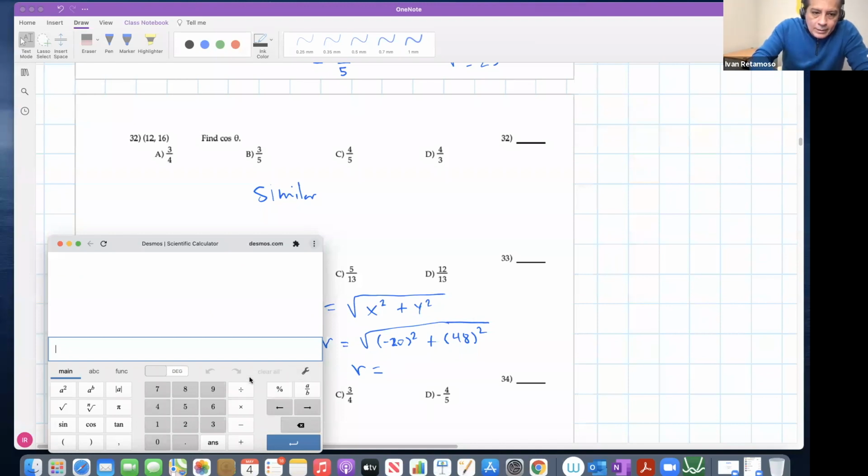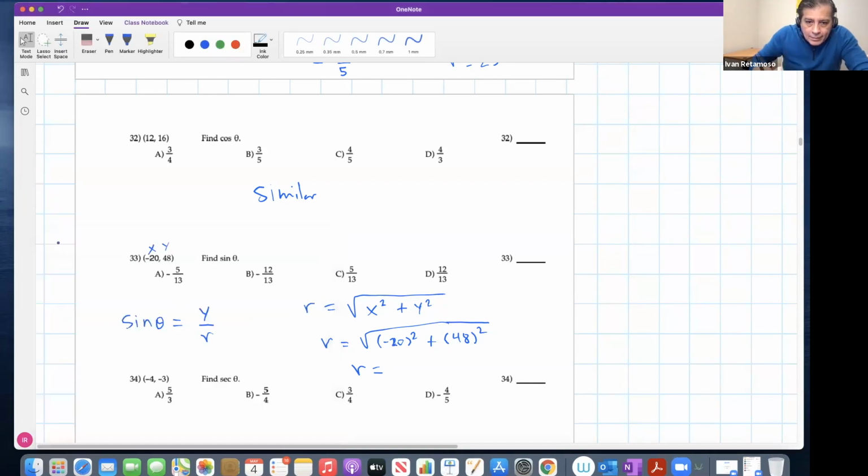A square root is here. Then you type negative 20 squared plus 48 squared. You can put it within parentheses. It's a good habit, because when the numbers are negative, it really matters. Okay, so 52 is the result of all this.